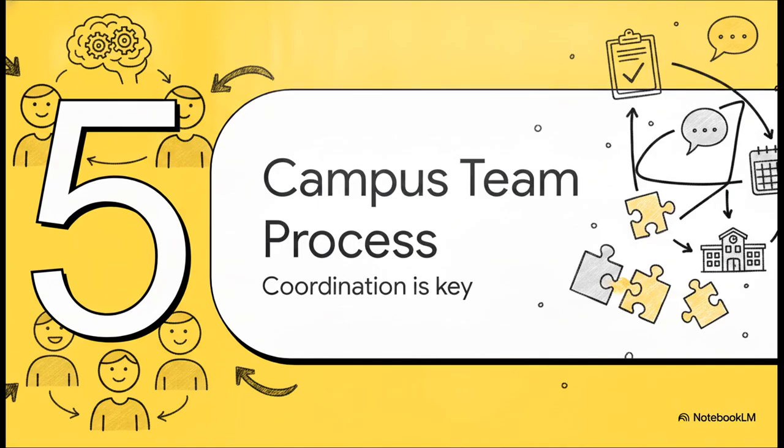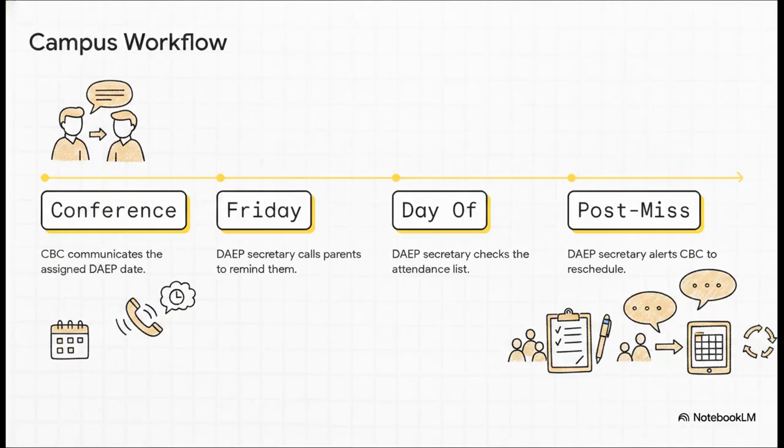Because honestly, the best software in the world is useless if your human team isn't communicating. The process outlines a very specific, chronological handoff that has to happen right there at your campus. Think of it like a relay race. It starts at the parent conference, where the Campus Behavior Coordinator, the CBC, communicates the assigned DAEP date.